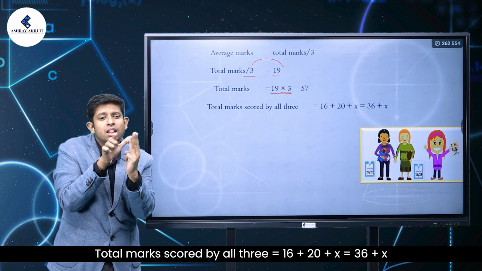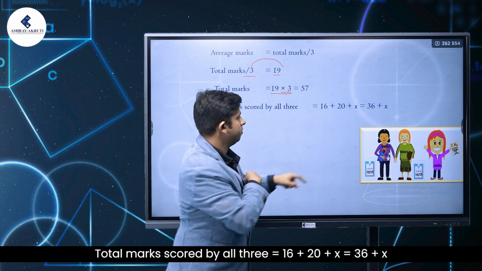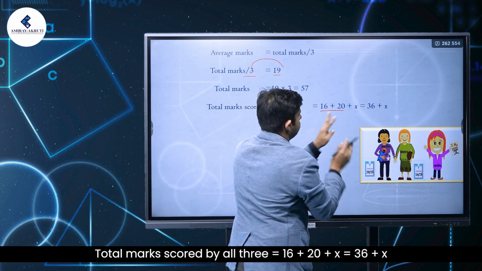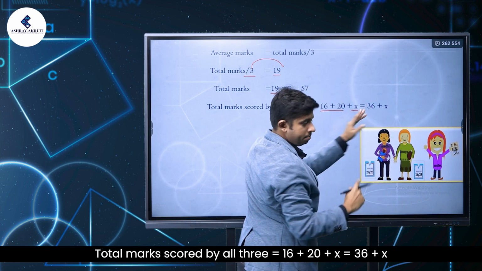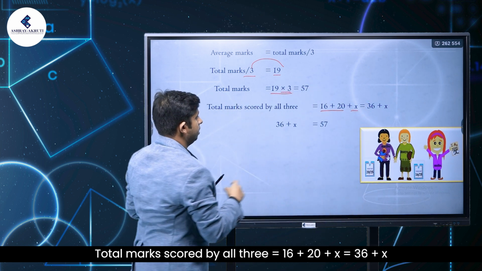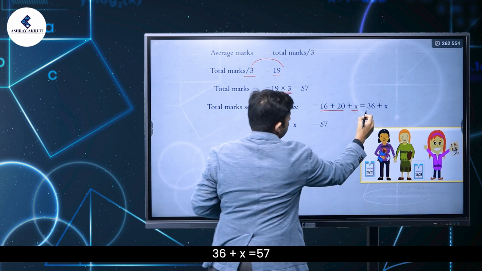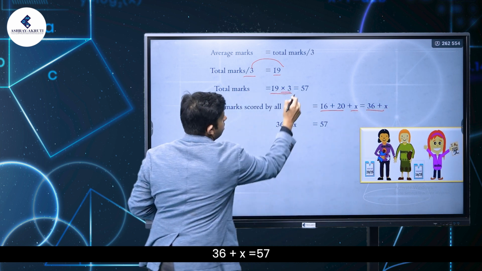Total marks scored by all three is 16 plus 20 plus x equals 36 plus x. 36 plus x equals 57.